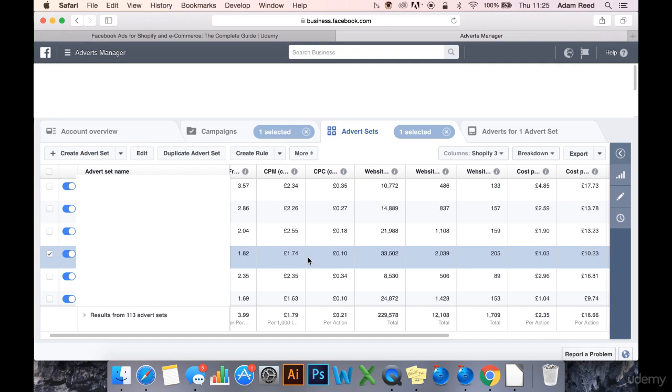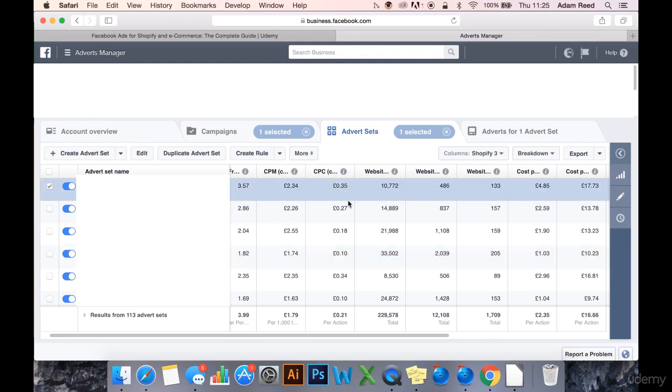So clearly, this ad creative, if it's different to this one here, is clearly far better. And in fact, I should probably change out the creative in this ad set and do it exactly the same as the creative in this ad set. I should just copy this ad. So that's how you basically measure which ad creatives are the best. Whichever gets you the lowest CPC, then clearly that is better.